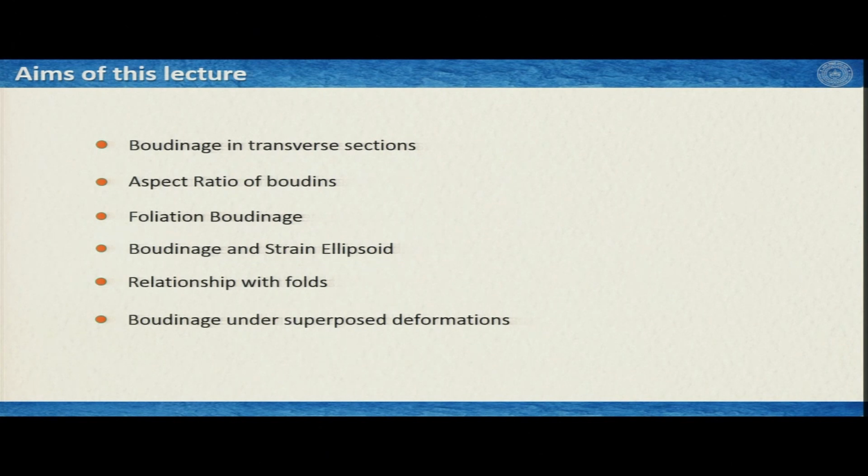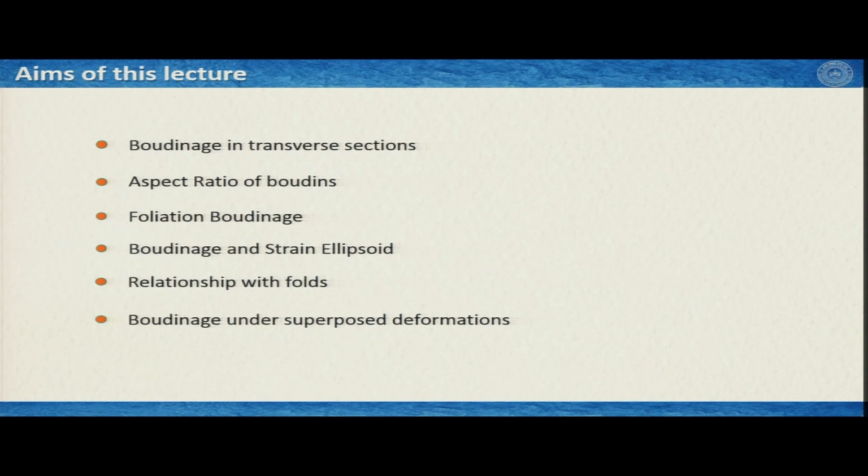And then we will look at a very special topic, which is the aspect ratio of Boudins. Then we will see foliation Boudinage. We learnt about it while we were classifying this. We will talk a little bit more on this because it demands special attention.